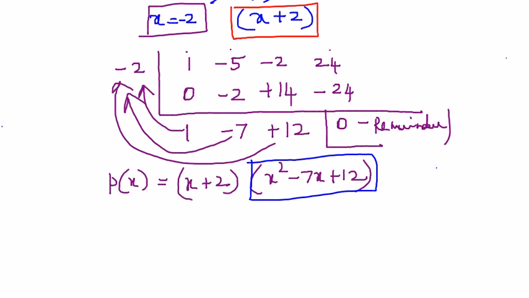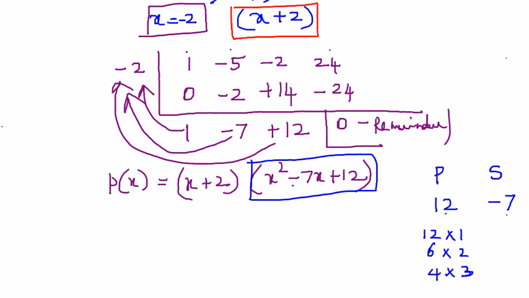You can do it using the sum and product method. Here the sum is minus 7 and product is 12. If I multiply two numbers, I must get the product as 12 and sum as 7. How can we write 12? 12 can be 12 into 1, 6 into 2, 4 into 3.